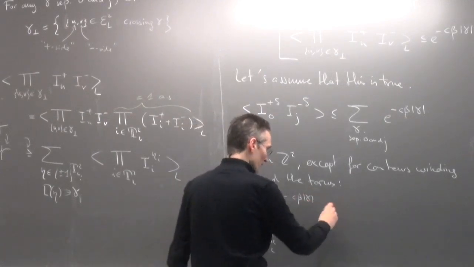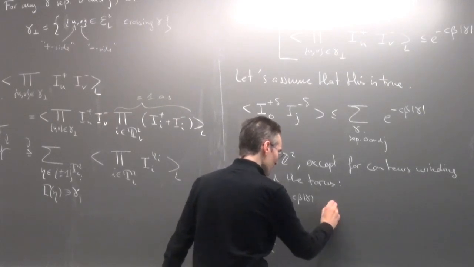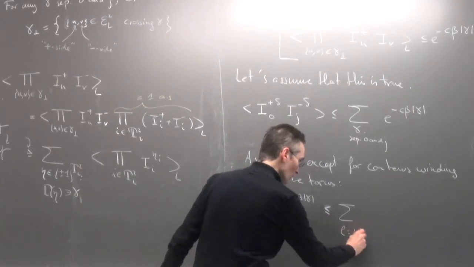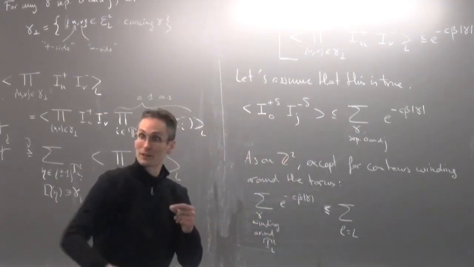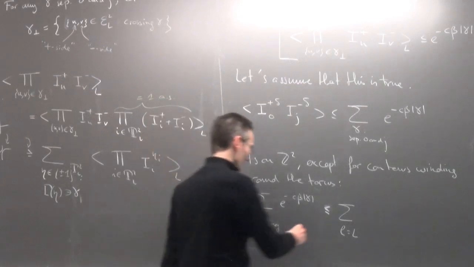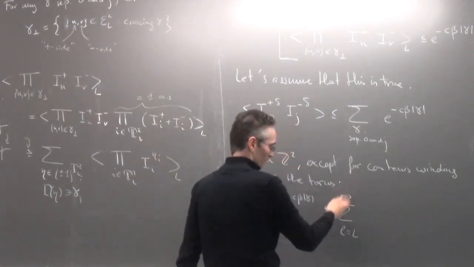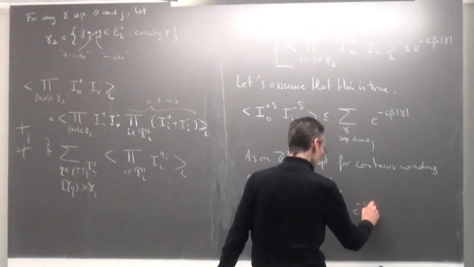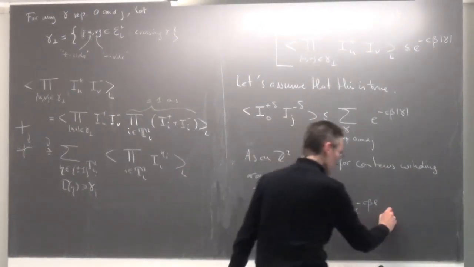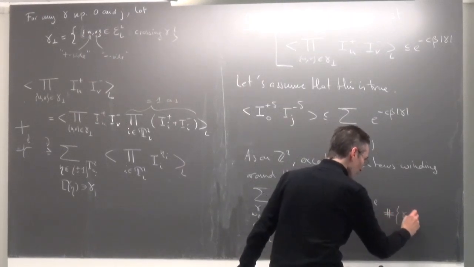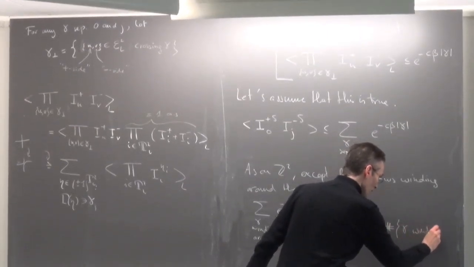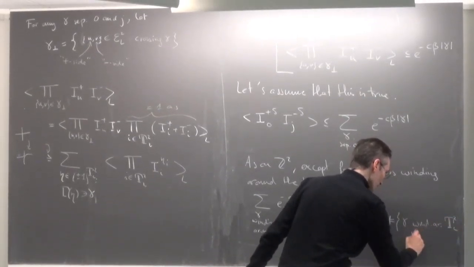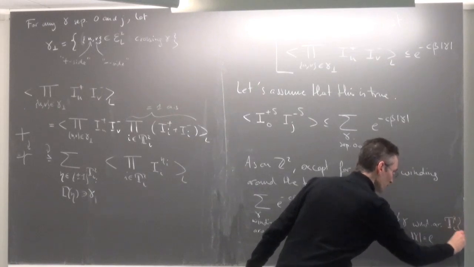This I work exactly as we did. So this is smaller, say, than the sum over the length, which is at least equal to L. It had better have a length at least L if it has to wind around the torus, right? L to infinity. Okay, it's an upper bound. And then I want to have e to the minus C beta L. And then the number of gamma winding around the torus with gamma equal to L.